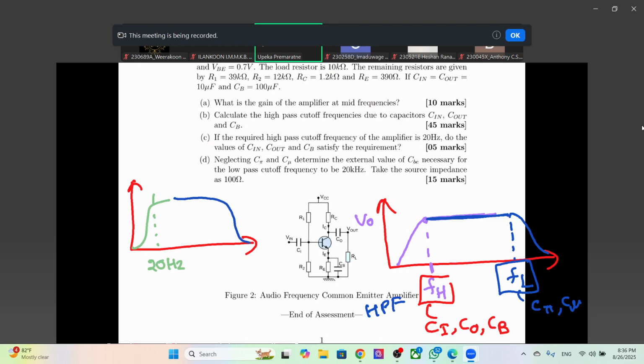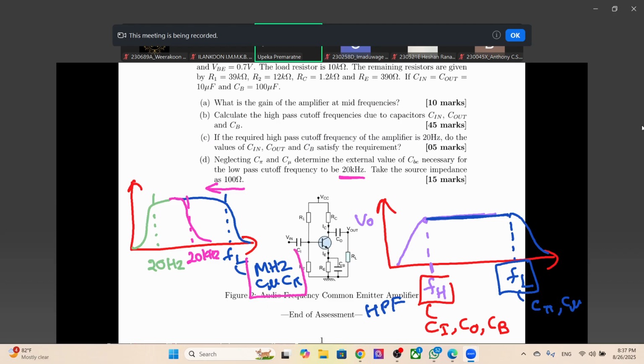If we were to take our parasitic capacitances, then the low pass cutoff frequency will be in the order of megahertz. This is too high for our requirement, because we want it to be 20 kilohertz. So we have to reduce this to 20 kilohertz like this.